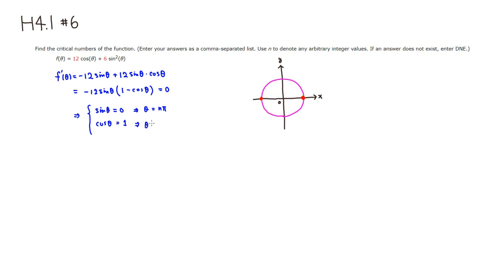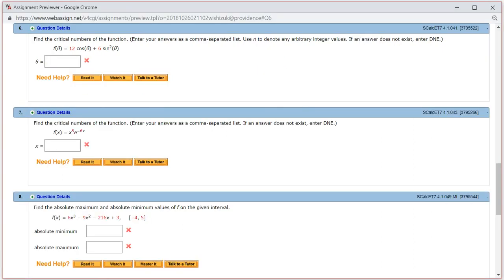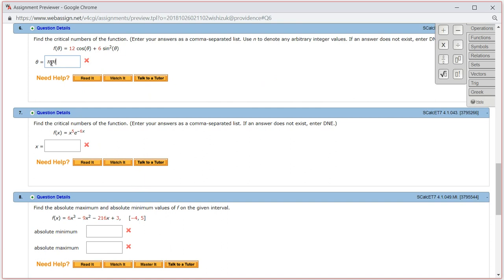So theta is equal to 2n pi. But either way, n pi includes 2n pi too. So the critical numbers are just n pi, where n is an integer.